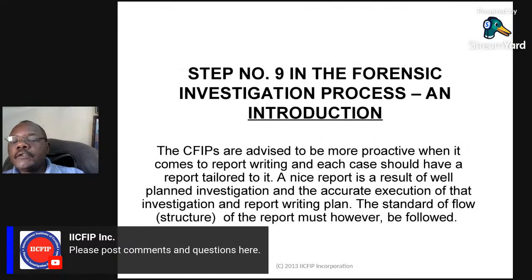So the planning and execution of a forensic investigation assignment is the basis or the foundation of a good report, because the information we will get to put into a report, the findings and everything, even the testimonies of the witnesses, and the information we are going to get from the suspects, this is what is going to be built into the forensic investigation report.